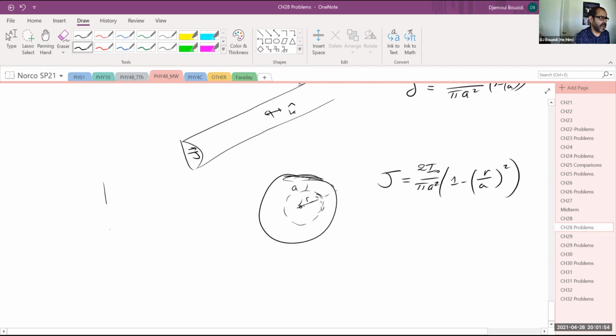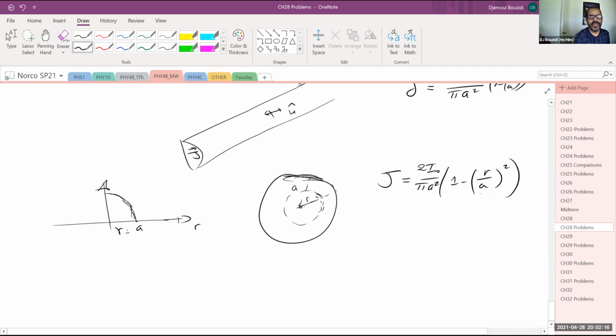So if I try to plot this function as a function of r, of course, r is positive in here. So it's going to start from a finite value and drop in a quadratic fashion. At some point, it's going to be 0 in here, okay? That is basically what this thing is. So this is r equal to a in here. At this point, the current is 0.